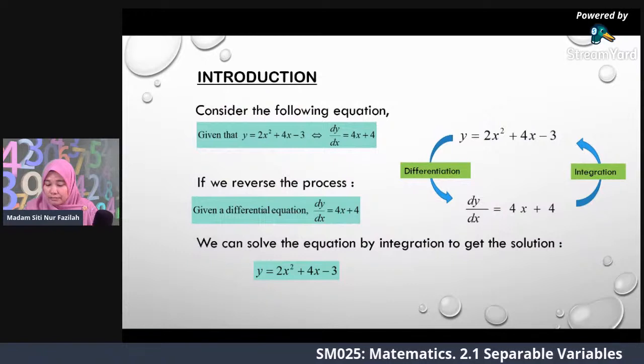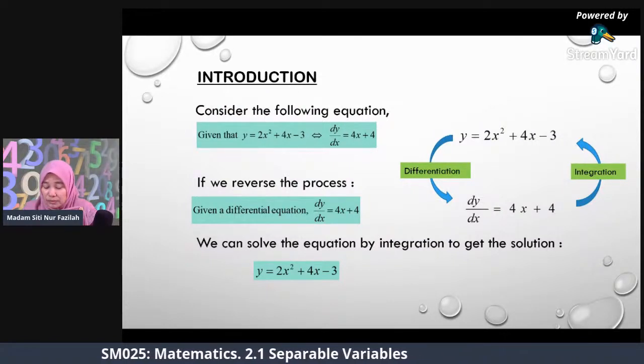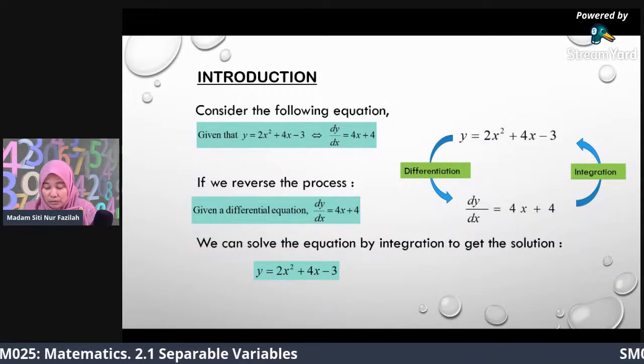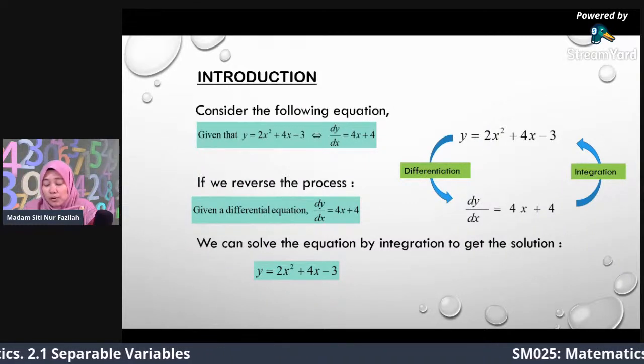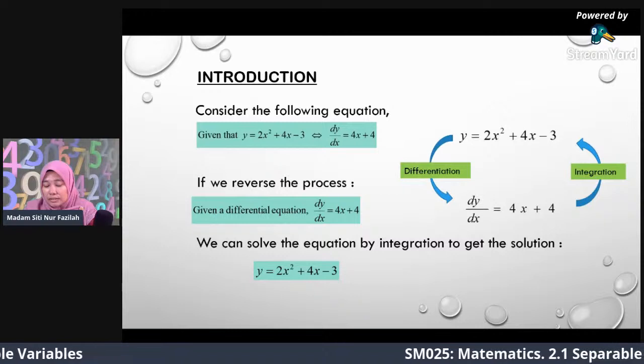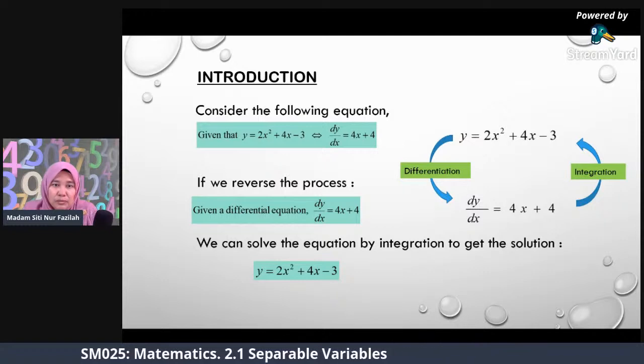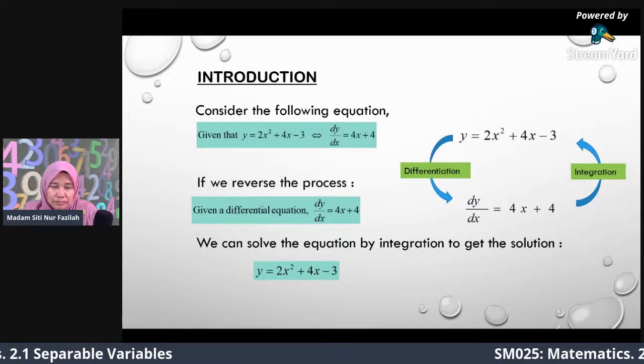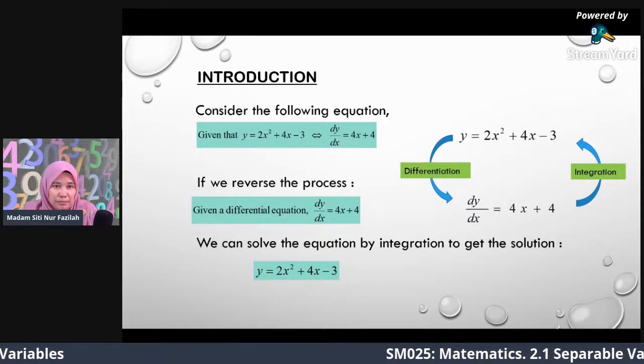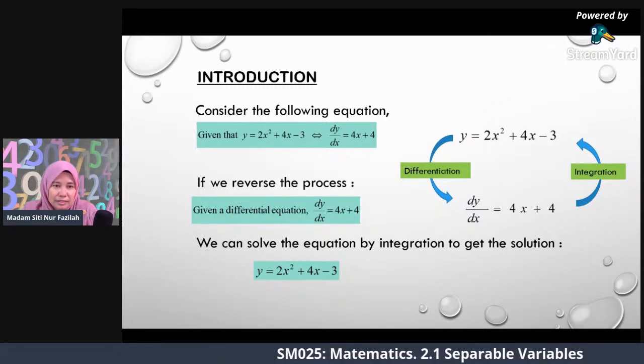Let's say we have an introduction. Consider the following equation. Given that we have an equation y equal to 2x squared plus 4x minus 3, and then we differentiate, we can get dy over dx equal 4x plus 4. If we reverse the process, we can get a differential equation.